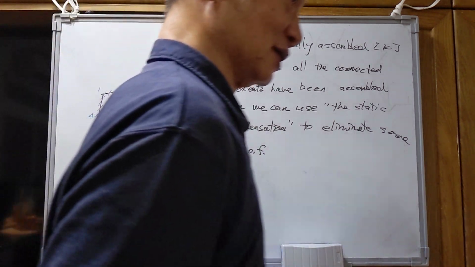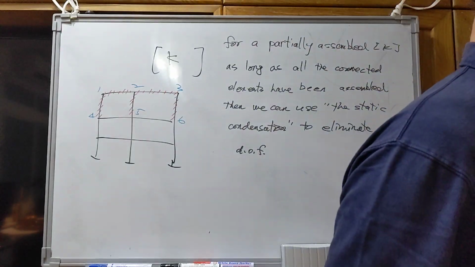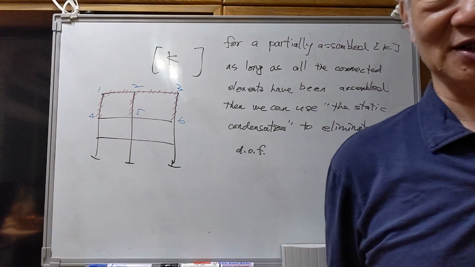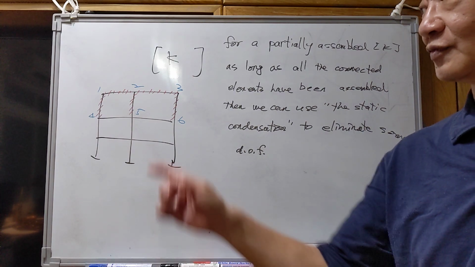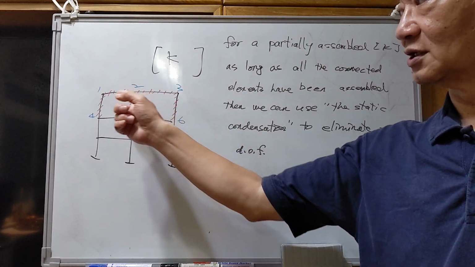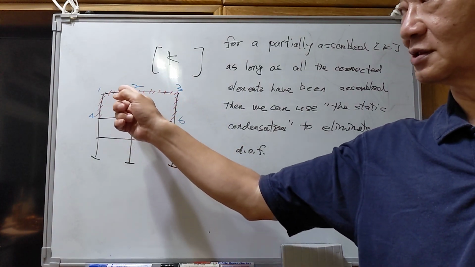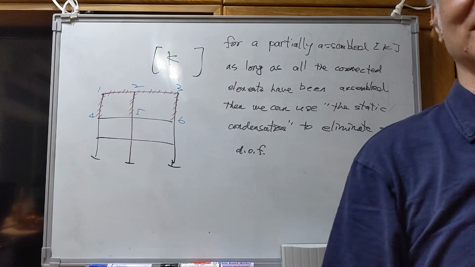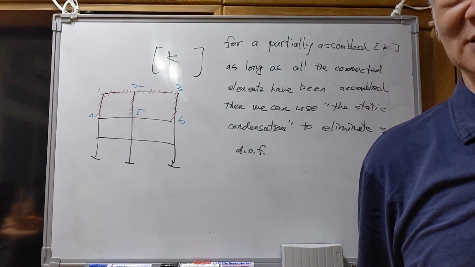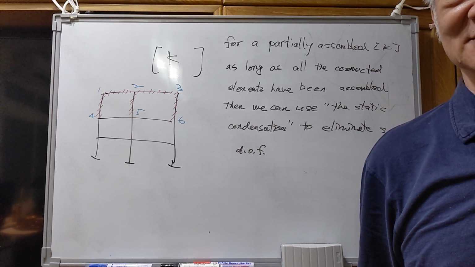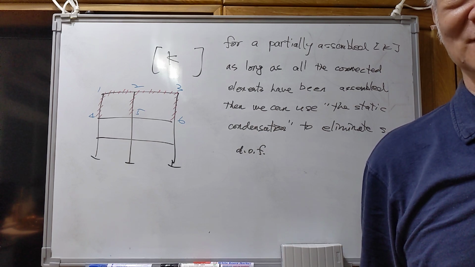If it is in the classroom, I will ask one of you to answer the question. But right now, you try to figure it out by yourself. If we assemble the 2 beam elements and the 3 column elements, then which degrees of freedom can we eliminate based on the static condensation?